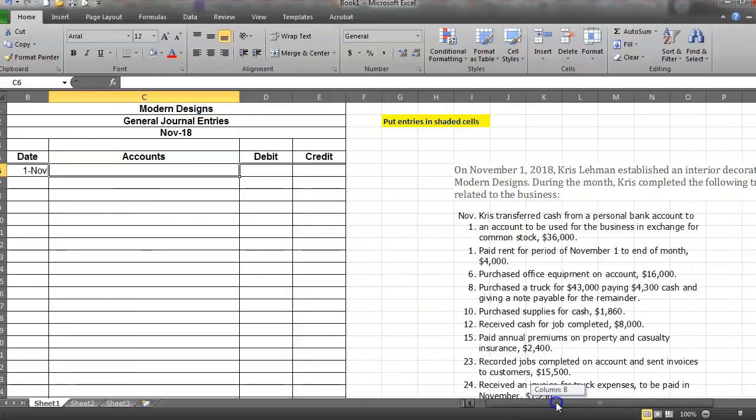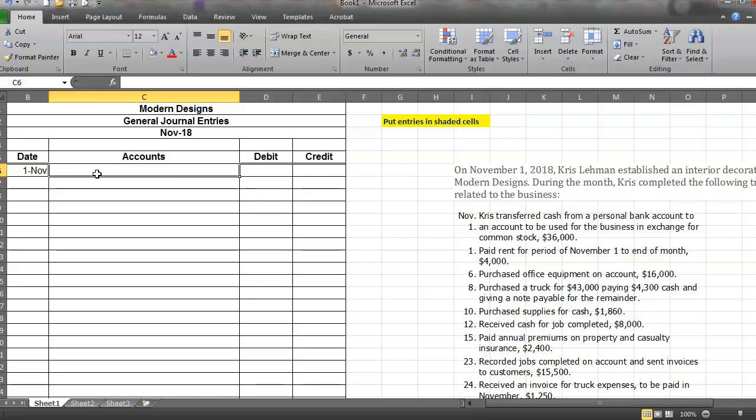First of all, Chris, the owner of this organization, invested in the company and purchased $36,000 in common stock. We are recording the transactions from the perspective of Modern Designs. So Modern Designs received money in exchange for stock. We're dealing with cash and common stock.